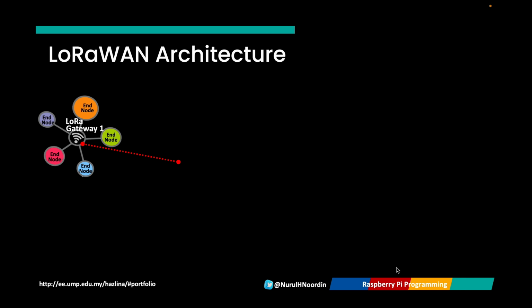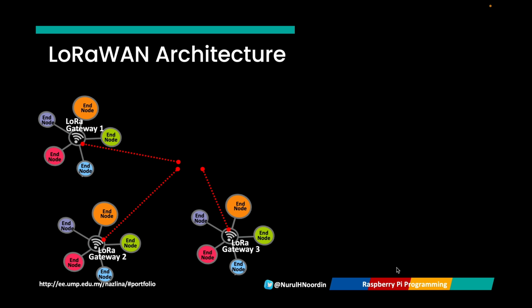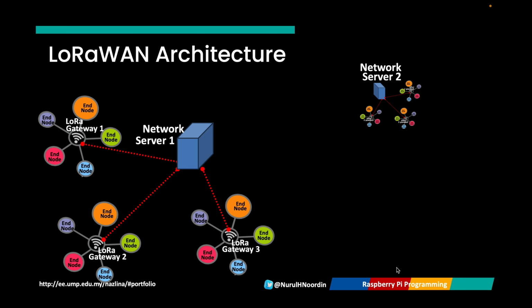The end devices or nodes are the IoT sensors or actuators that collect and transmit data. The LoRaWAN gateways act as intermediaries, receiving messages from multiple nodes and forwarding them to a central server known as the network server. This server deduplicates messages, manages device connections, and ensures secure data routing.